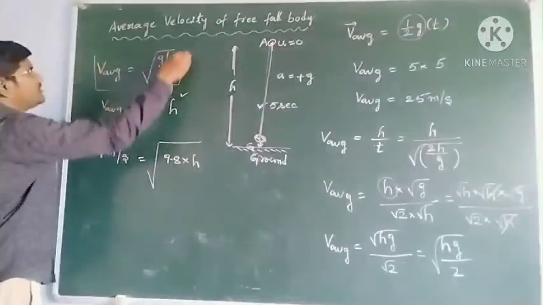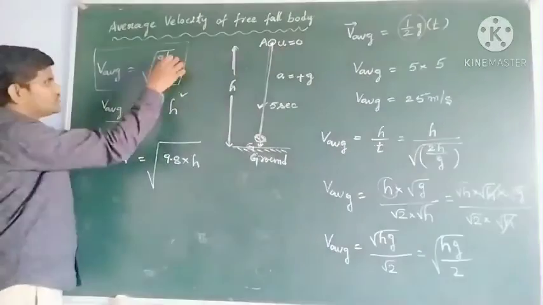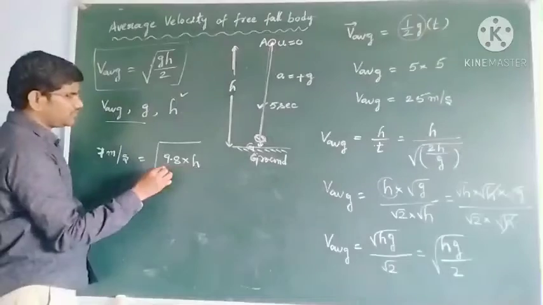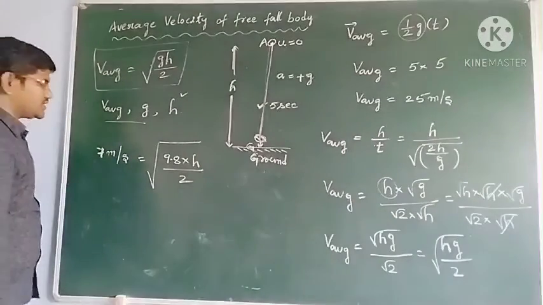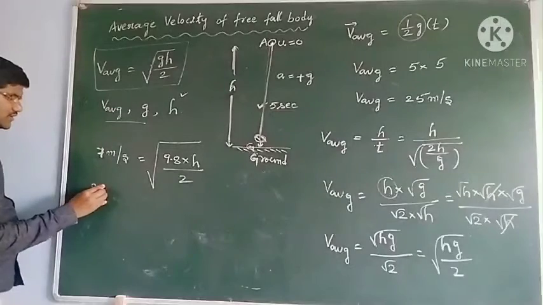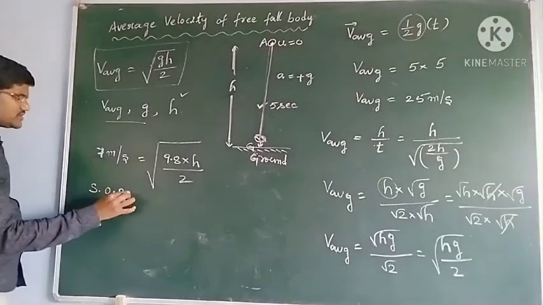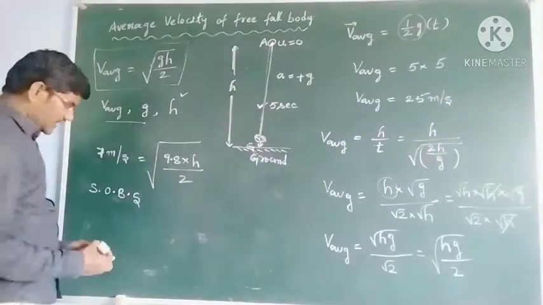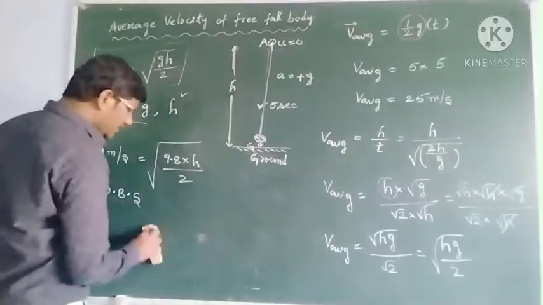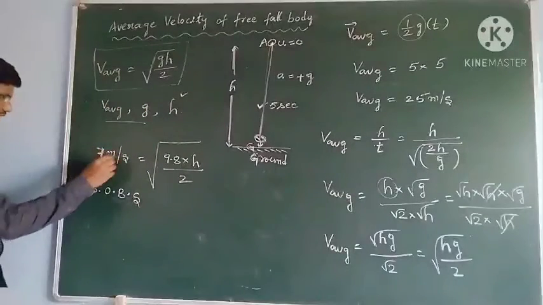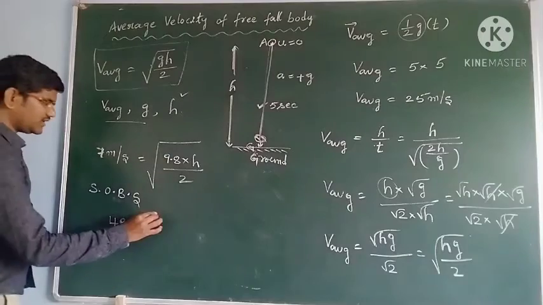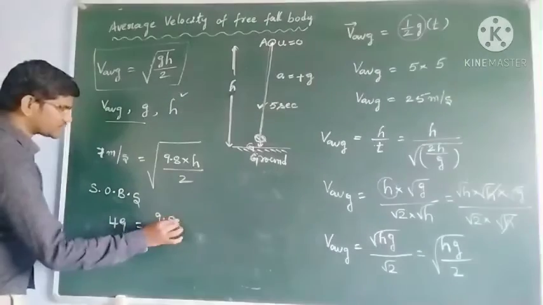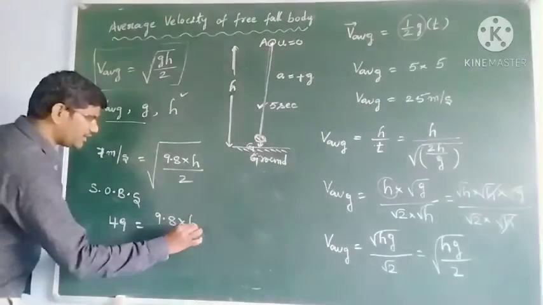So this is the formula for average velocity: V average is root of g into h by 2, g value 9.8 into h by 2. Okay students, so then squaring on both sides. If you square it, 7 squared, you will get 49. Square and root get cancelled, 9.8 into h by 2.